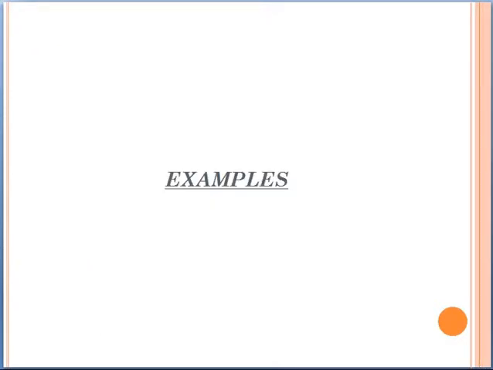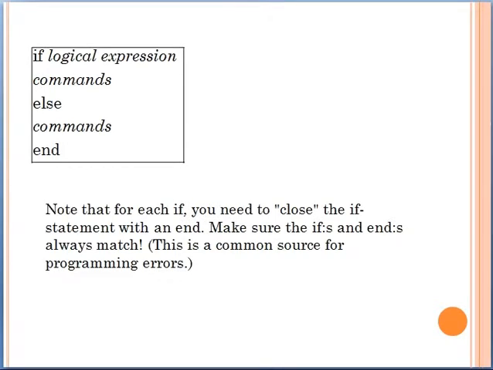Now coming towards some examples. Here the example will be on the if-else loops. So first of all, I will give a brief introduction about the if-else loop. In the if-else loop, note that for each if, you have to close the if statement with an end.